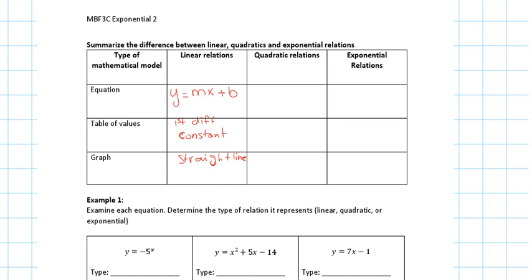Quadratic relation, how would the equation look like? ax squared plus bx plus c, where your highest degree is 2. In the table of values, what would be constant? And the graph is going to look like a parabola.